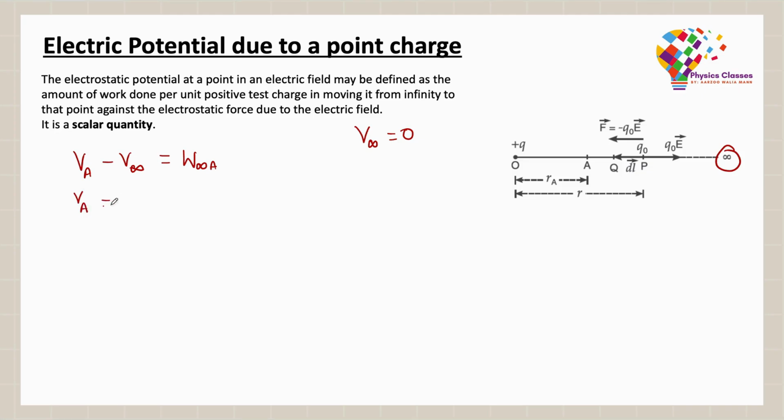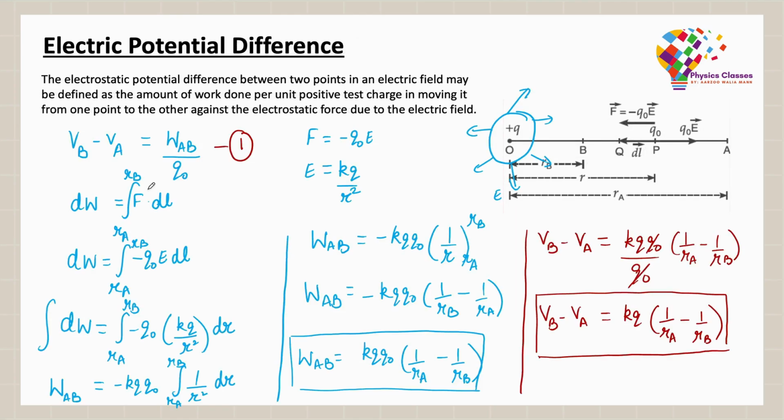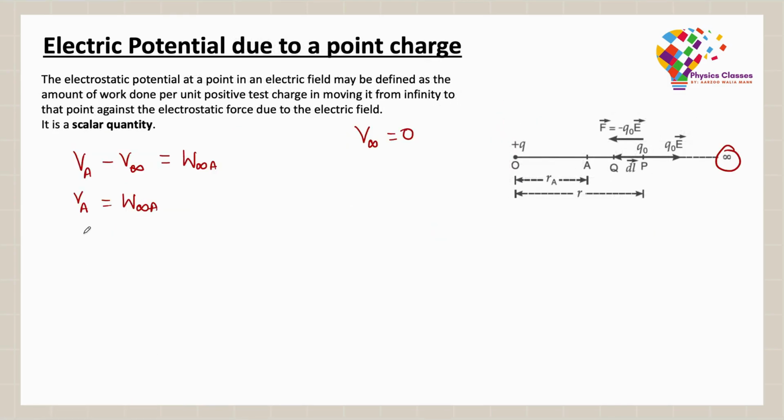So since my V infinity is 0, my expression reduces to VA equals the work done in taking the charge from infinity to point A. Now if you look carefully at the electric potential difference, we have already integrated and everything is there. So I will directly use this expression of work AB. Sorry, I forgot to divide it by the charge Q naught here.